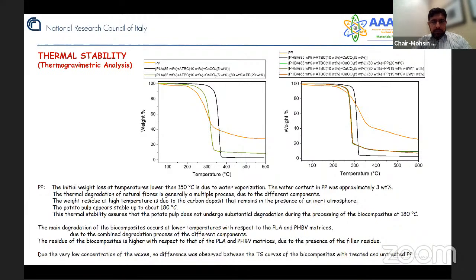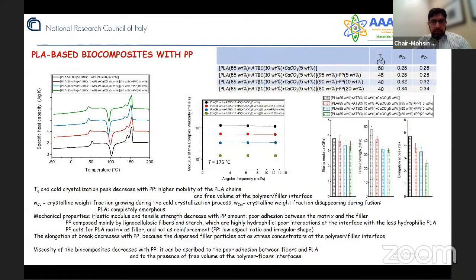Here are some data on biocomposites of PLA with the potato pulp. The calorimetric curves show that the increase in potato pulp produces a decrease in the glass transition temperature, most likely due to poor adhesion and high free volume at the polymer-filler interface.